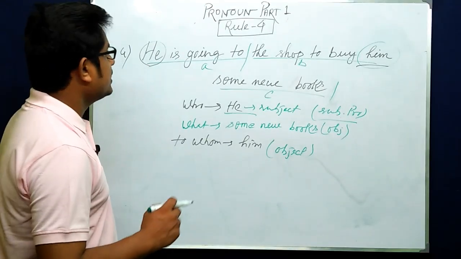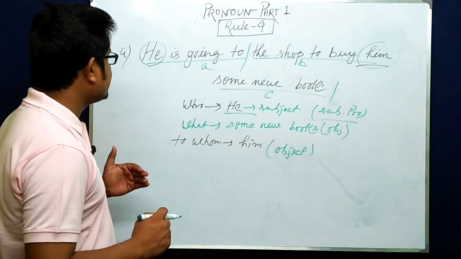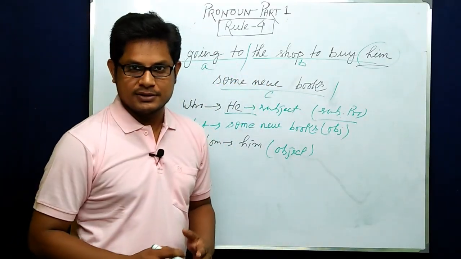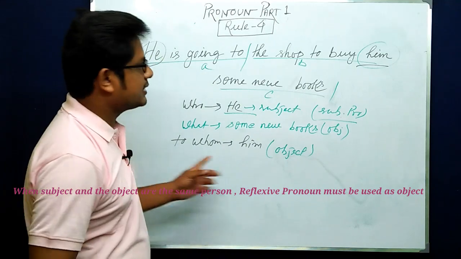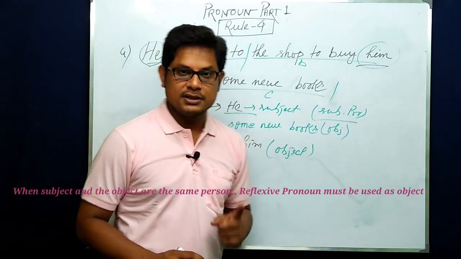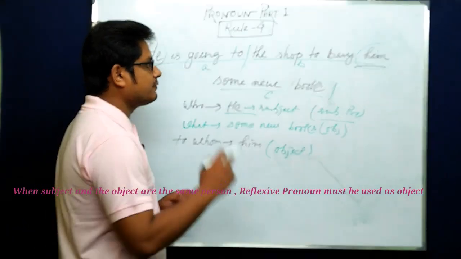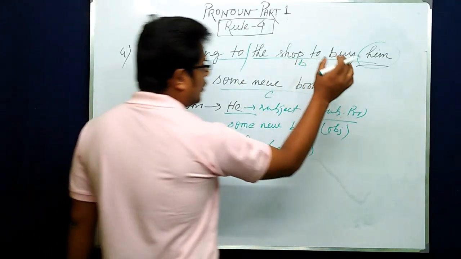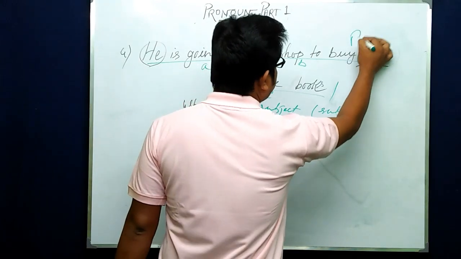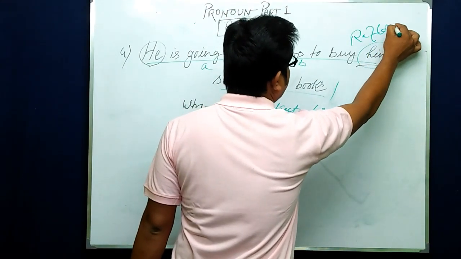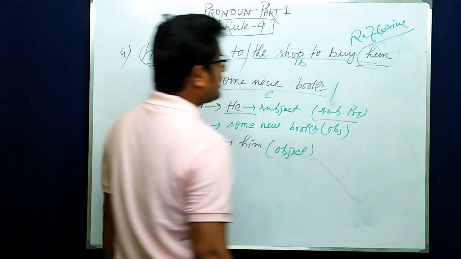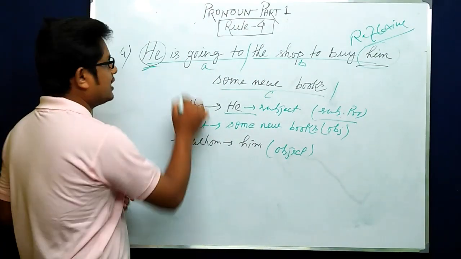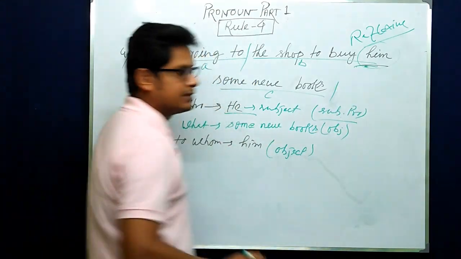Why? Because rule number 4 says that whenever the subject and the object are the same person, then you have to use reflexive pronoun in the place of object. So over here you have to use reflexive pronoun because subject he and object are the same person.